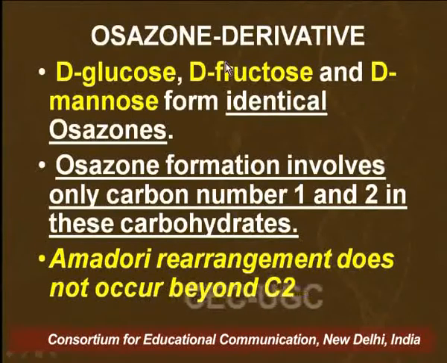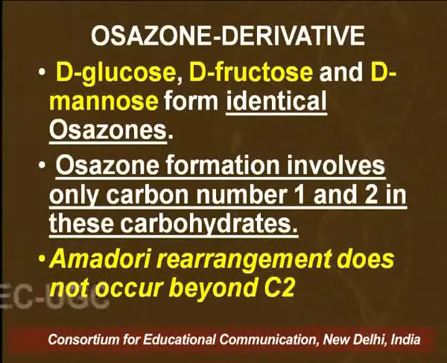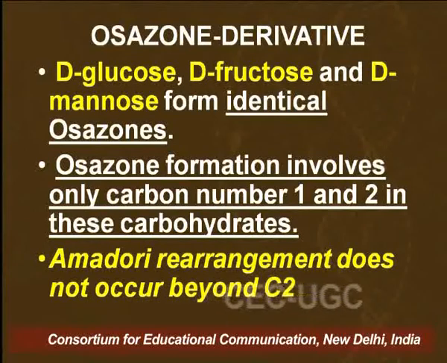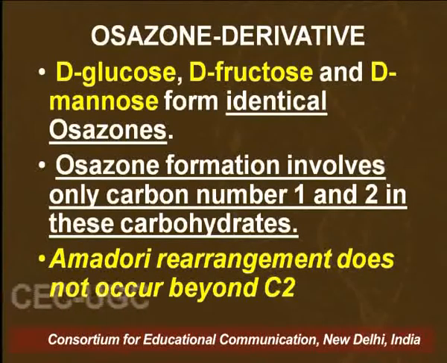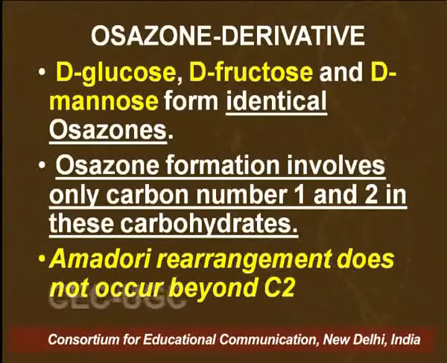Now the next very important derivative, on which you are often asked the mechanism of reaction, is the ozazone derivative. We know that D-glucose, D-fructose and D-mannose form identical ozazones. Why do they form identical ozazones? Because ozazone formation involves only carbon number 1 and carbon number 2.